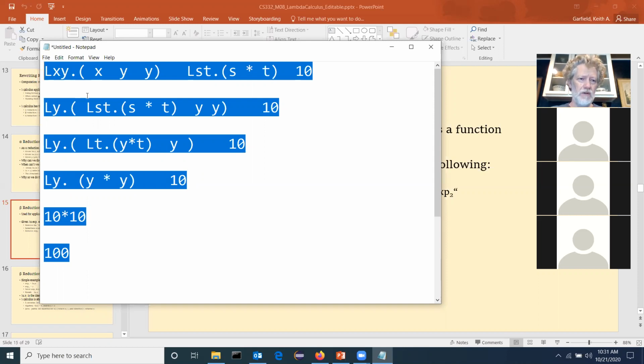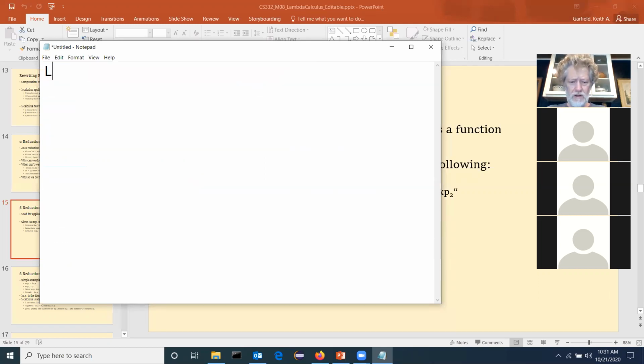One more example. Let's do lx.yz.xyz, and then l.